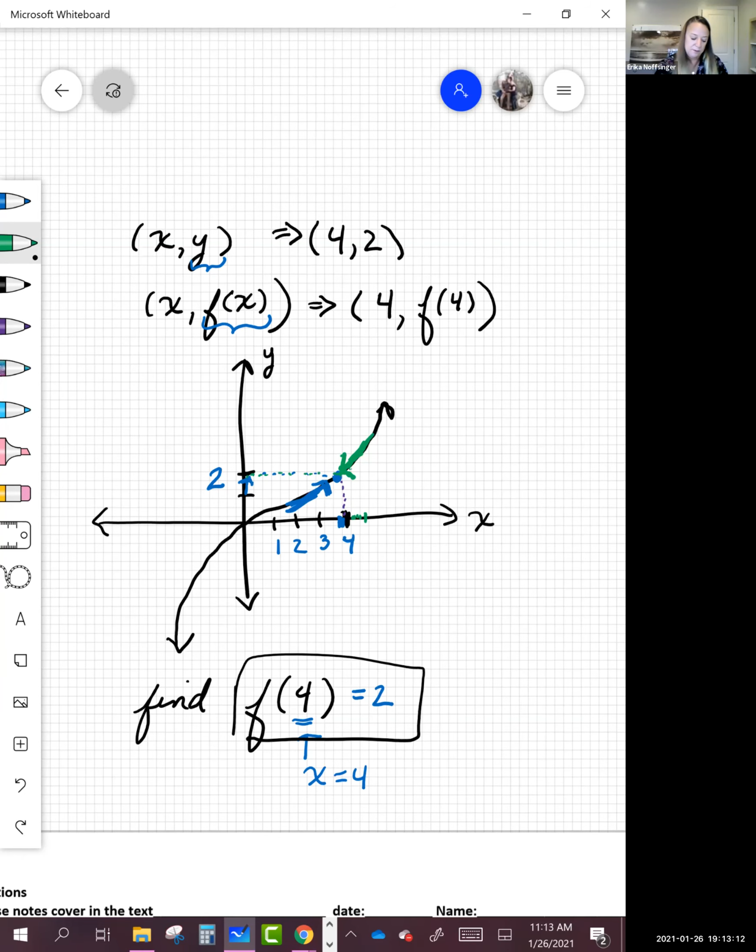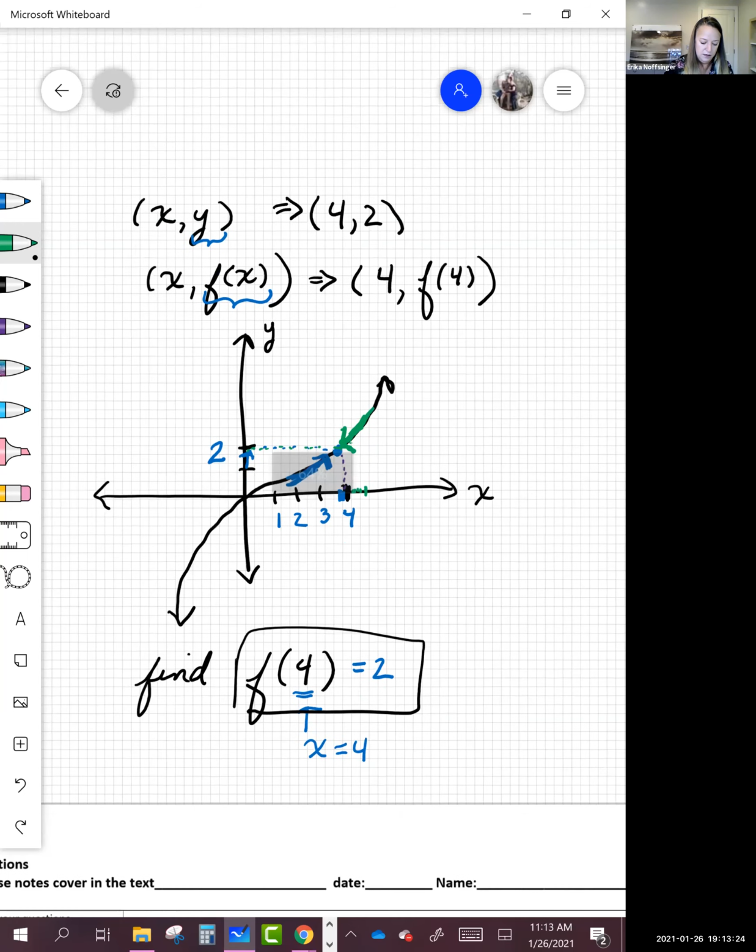And so we're going to be looking at different functions and graphs and find out what the limit is as we're approaching some x value. What is that y value we're approaching?